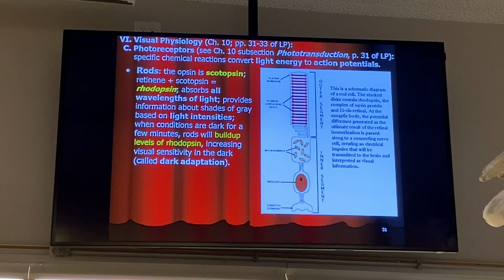In the case of rods, the photopigment is rhodopsin. We'll talk about this today in lab.